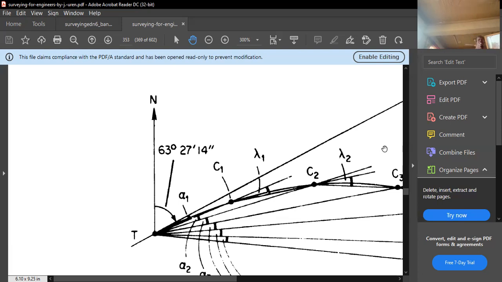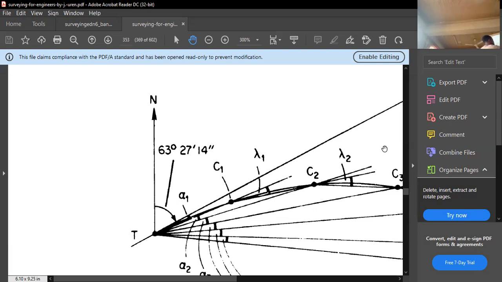Now we are coming to lambda. Lambda is quite tricky. Lambda is a deviation of the chord. If the chord were going straight, how far has it deviated from that? That would be called lambda 1. Lambda 1 has a relationship with the change in direction of this chord.